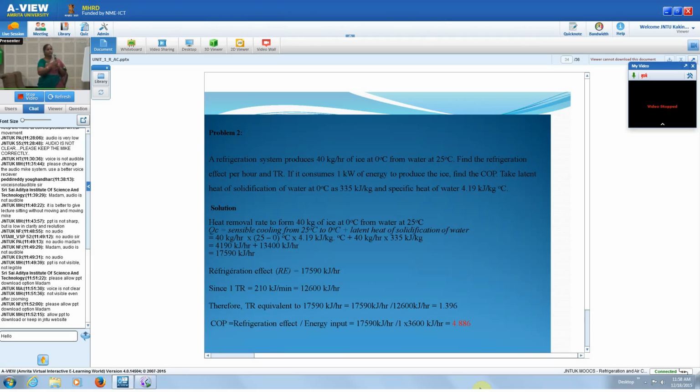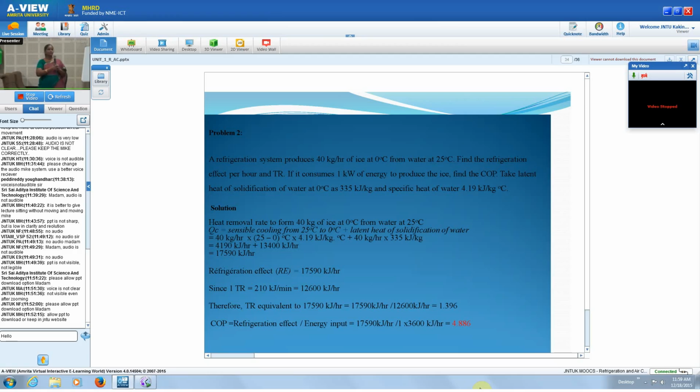Then 1 ton of refrigeration, as we have already seen, is 3.5 kilowatt, which is equal to 210 kilojoules per minute. If you convert to kilojoules per hour, this will be 12,600 kilojoules per hour.